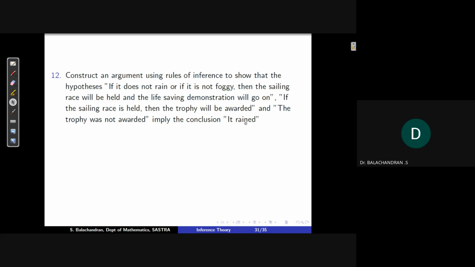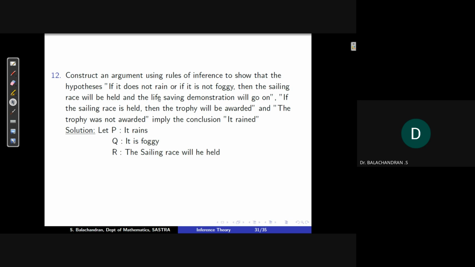Now we will define them one by one. First, P. Either you can take it does not rain, or you can take it rains. It is up to you. So they take it rains. Q: you can take either it is not foggy or it is foggy. They take it is foggy. R is the sailing race will be held.